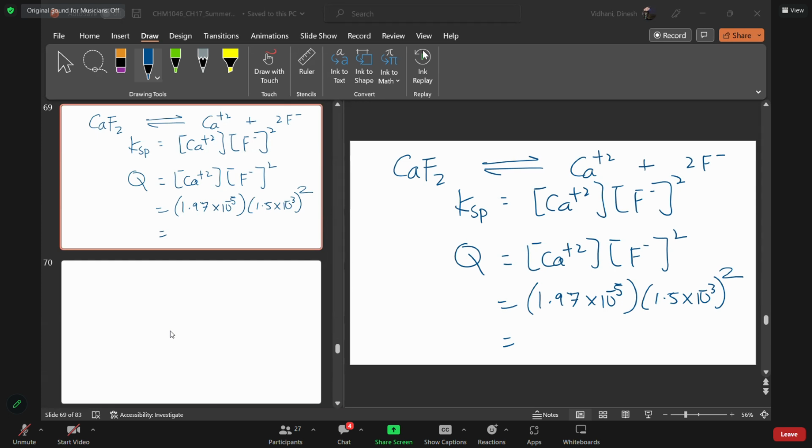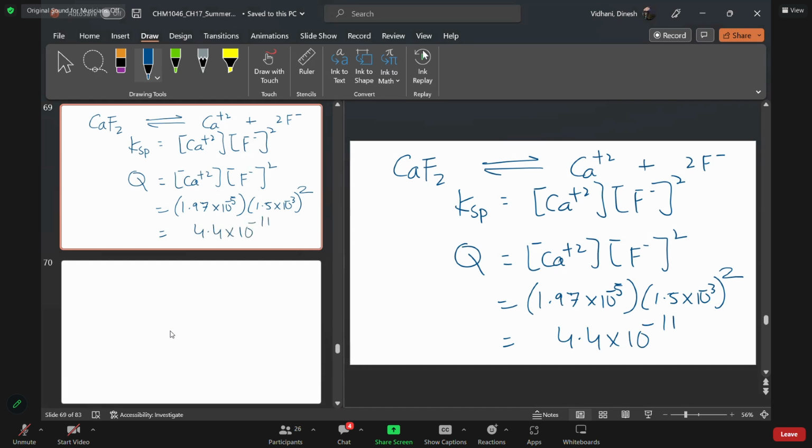So 4.4 times 10 to the power negative 11. Okay, that looks correct to me. So 4.4 times 10 to the power negative 11.